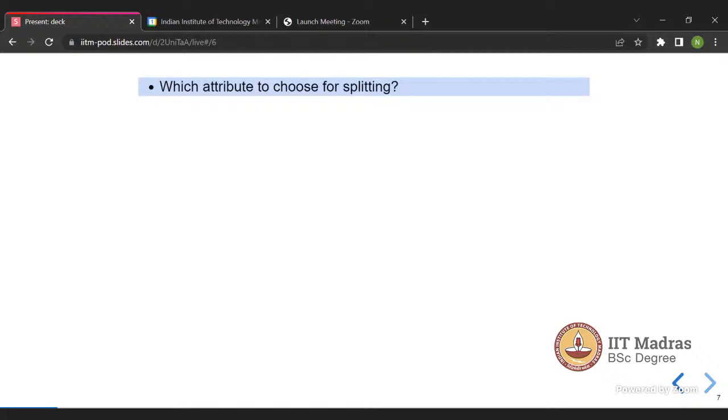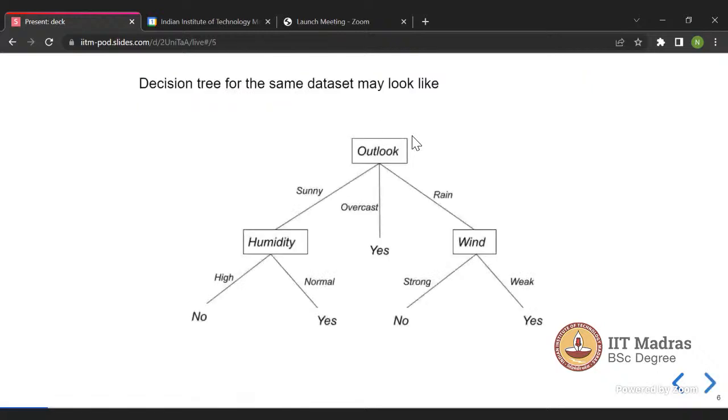So our questions will be: which attributes to choose for splitting? For the root node, for the entire dataset in this example, we split according to the feature outlook, and then the child nodes have been split according to different attributes. This child node has been split using the attribute humidity, and the right child has been split according to the attribute wind.